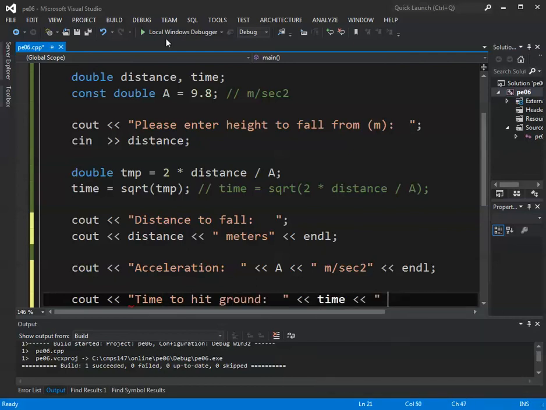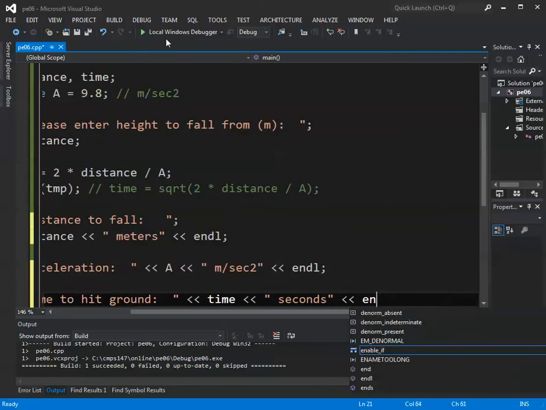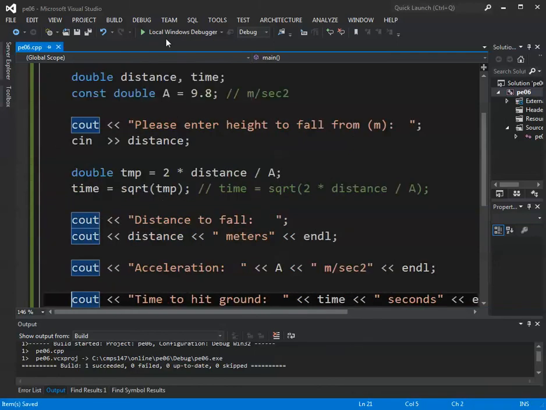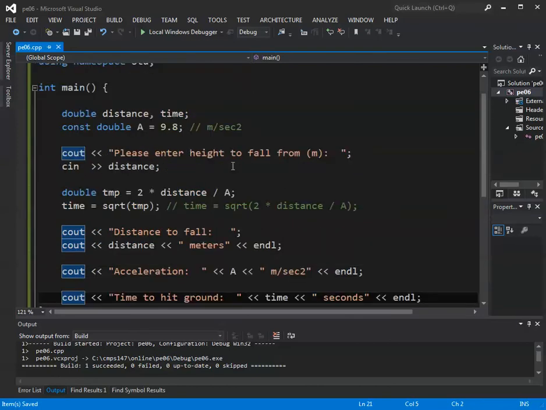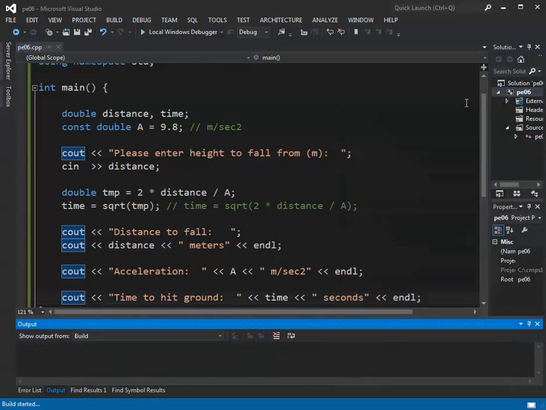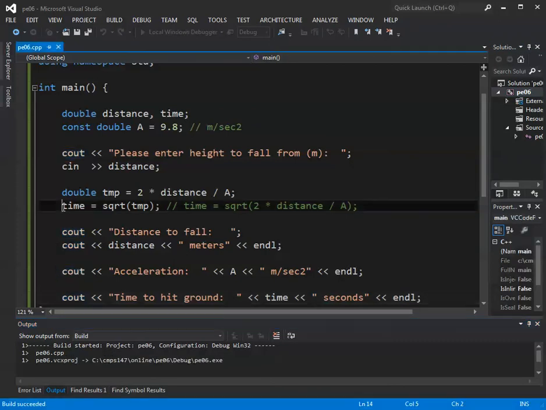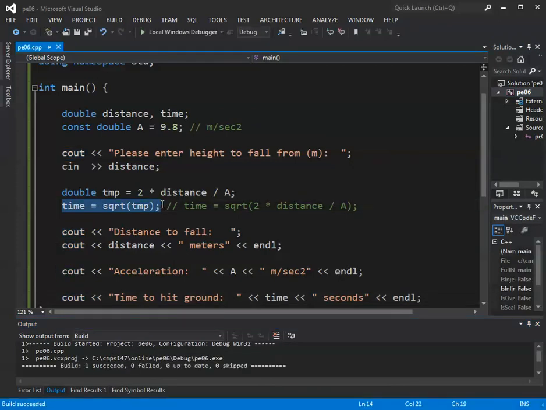And of course, that's in seconds. So our entire program is fairly straightforward. We've got our inputs, we've got our outputs. Really, the new part here is the fact that the calculation just isn't a regular operator. We're actually using one of our math functions.